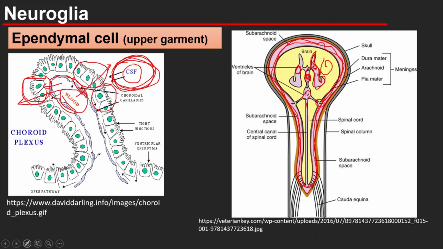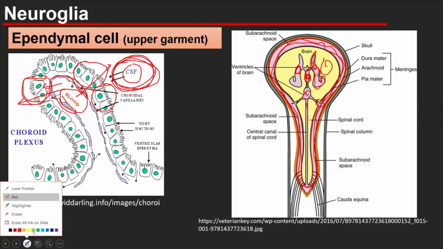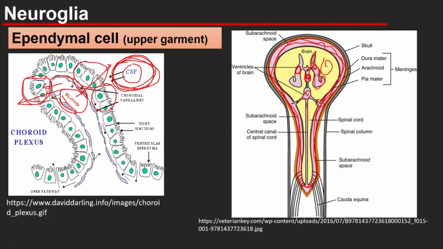Here we have the neuronal cells and other glial cells. And another part we have the ventricles where the CSF is formed, or the subarachnoid space. These ventricles are lined by the ependymal cell. So this ependymal cell is also in between the CSF and the neuron.